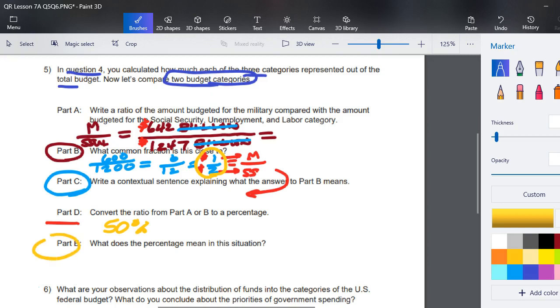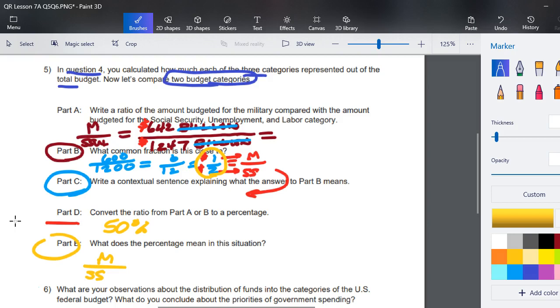Part E, so what in the world does this percentage mean in this situation? And remember, it's the military as written compared to the reference value of Social Security, unemployment, and labor category. And it means that the money budgeted for military is about 50% of the money budgeted for Social Security, unemployment, and labor.